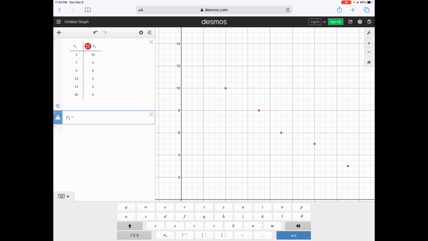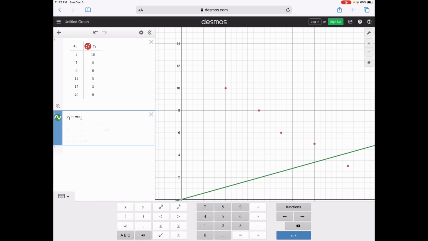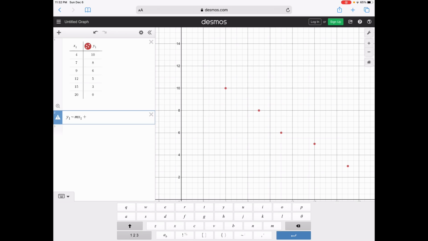Okay, we're also going to pick M for our slope, X, but we're going to be very specific about the X values we want also from the first data set that we entered. So I need to go back to my numbers and pick 1. And it's y equals, or approximately equals, mx plus b. So we have to do plus our b.